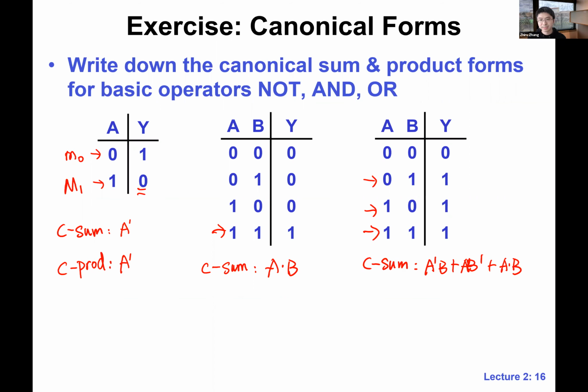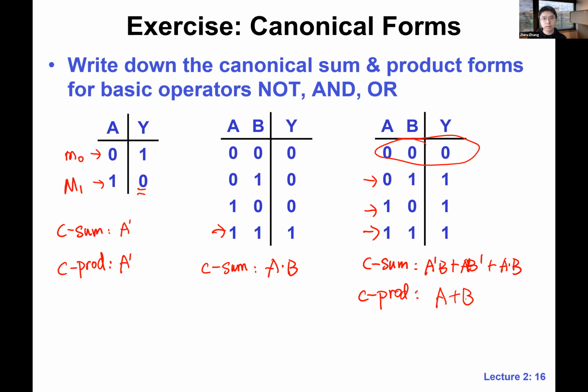This is not the OR gate that we love. So how do we get the OR gate that we want? We look at the canonical product. We just need to focus on this row, which is A plus B. Is it clear now? Hopefully, guys.